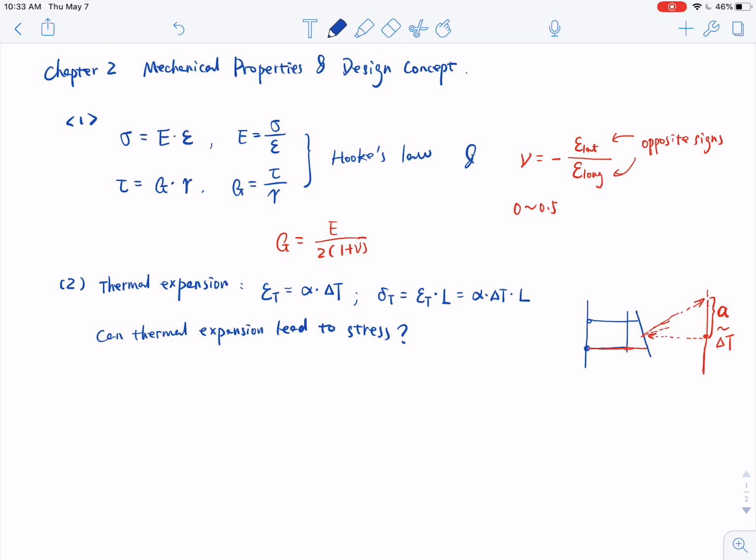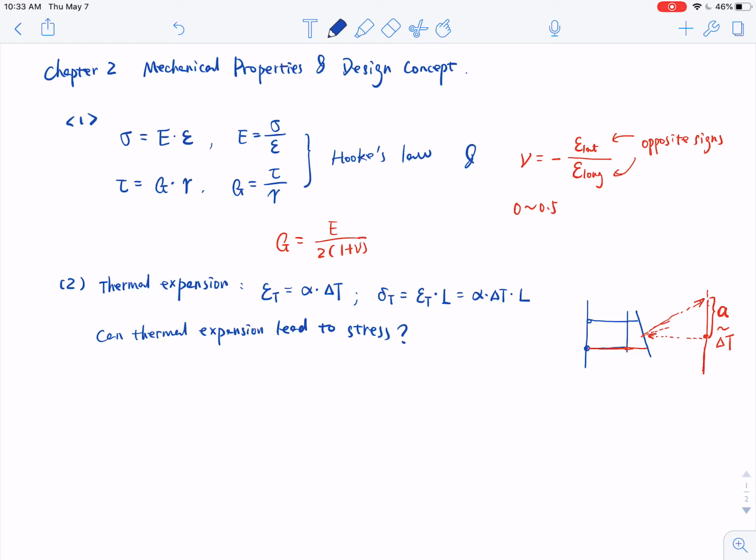If you ignore the heterogeneous distribution of temperature in this thin bar, you can say that no stress will be generated in it. Strictly speaking there will be something, but we ignore that if we consider it a thin bar.